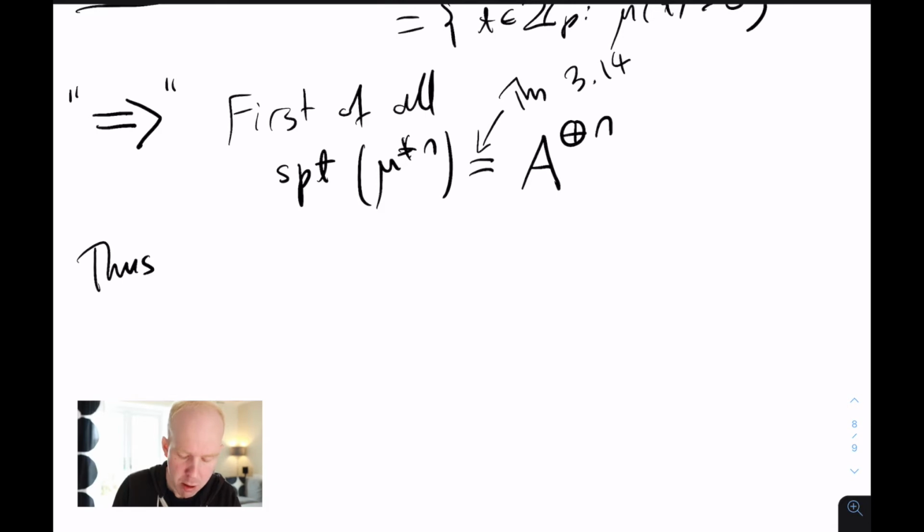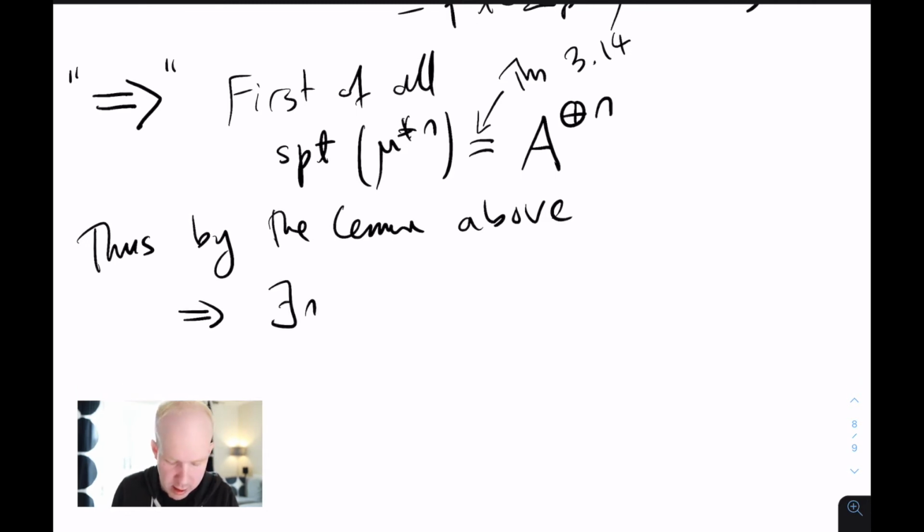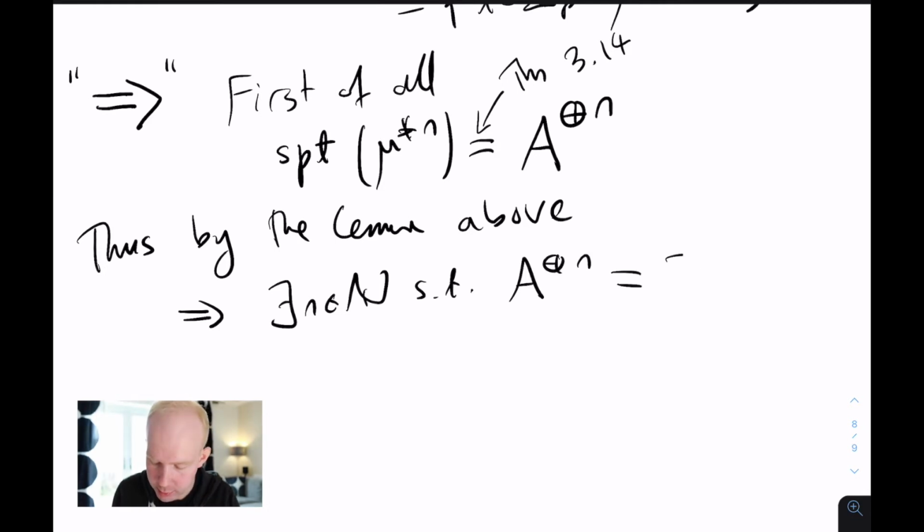And thus, by the lemma above, because we have the assumption that it's not contained in a proper subgroup, A satisfies the assumptions, so we have that there exists an n in N such that A plus n is equal to ZP.